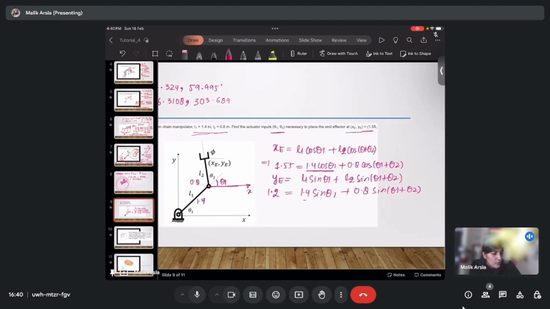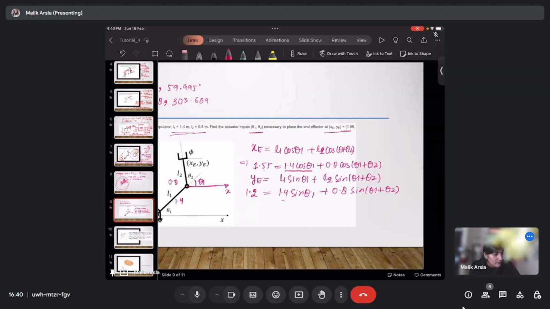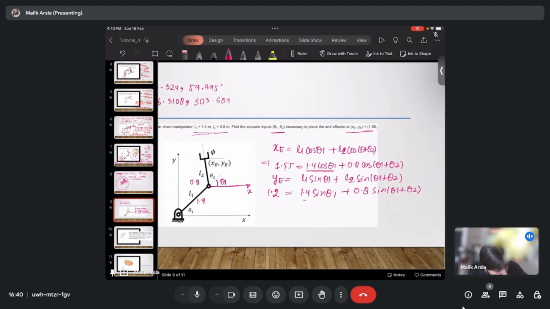So what I want to do is that instead of taking this on the right hand side, I will square both sides and add them. So let's see what happens. For the first equation, 1.5 squared is equal to 1.4 squared cos squared theta 1 plus 0.8 squared cos squared of theta 1 plus theta 2, right?